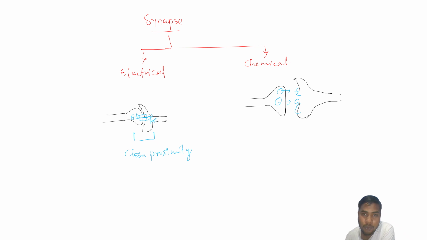So based on that, it can modulate. If excitatory neurotransmitters are secreted here, they can excite the next neuron to conduct the nerve impulse from this neuron to the next, and from next to next. But sometimes the signal is not necessary to carry out.